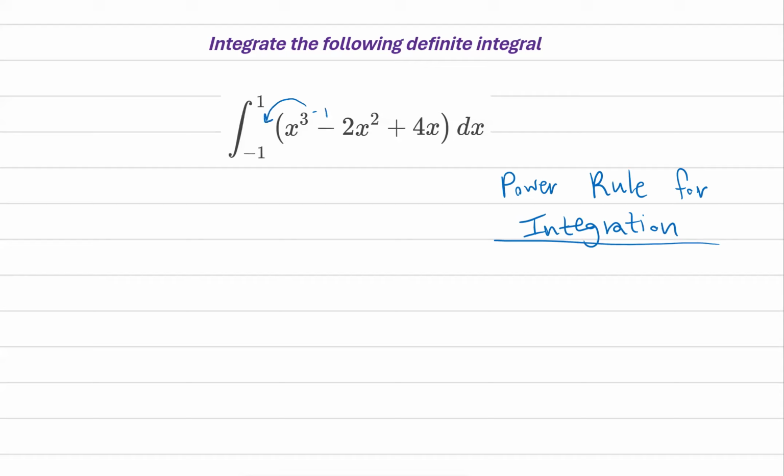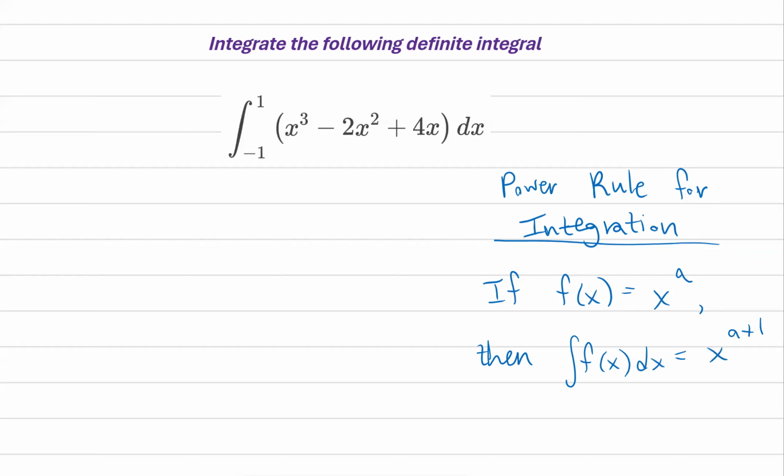In this case, since we are taking an integral, not a derivative, if the function is of the form x to the power of a, then the antiderivative can be written as x to that same power plus 1, over that new power, a plus 1. So we'll use that on the side here for each of these parts of the function.